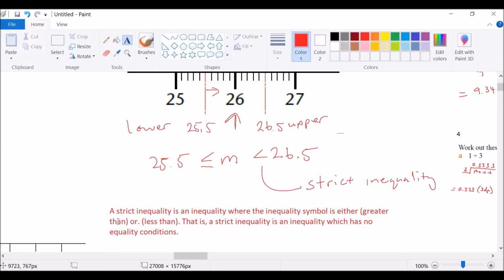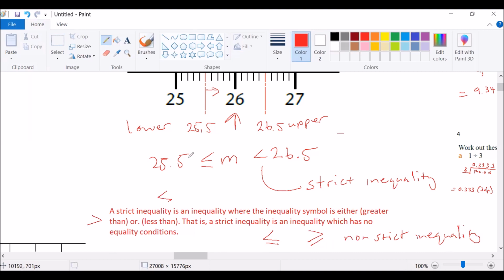Okay, what is a strict inequality? A strict inequality is an inequality where the inequality symbol is either greater than or less than. That is an inequality which has no equal condition. So if we have less than or equal to or greater or equal to, it's a non-strict inequality.